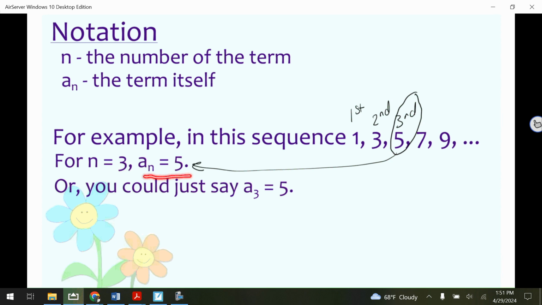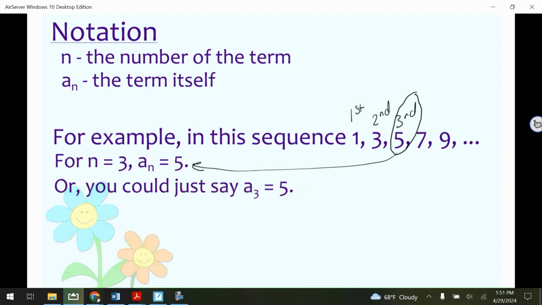So in just normal person speak, I'm asking you if n equals 3, what is a sub n? You're just looking for the question, what is the third term? And you can write this for n equals 3, a sub n equals 5, or you could just say a sub 3 equals 5.